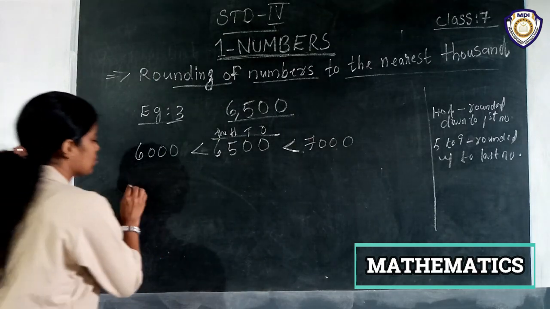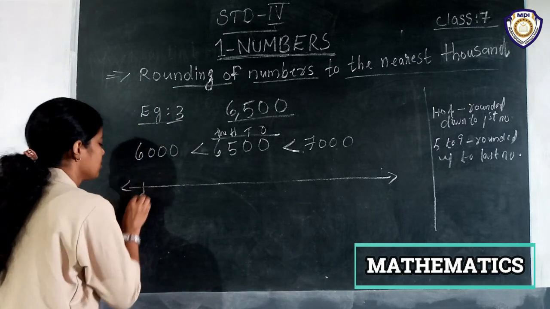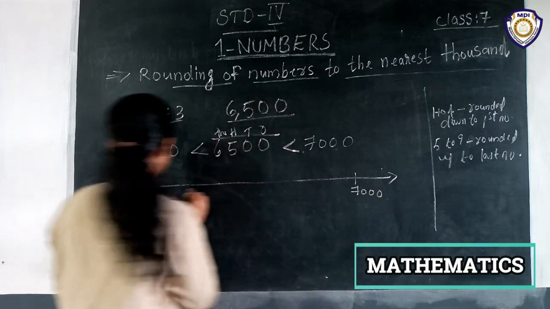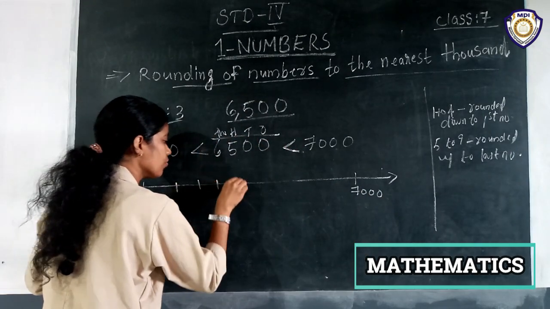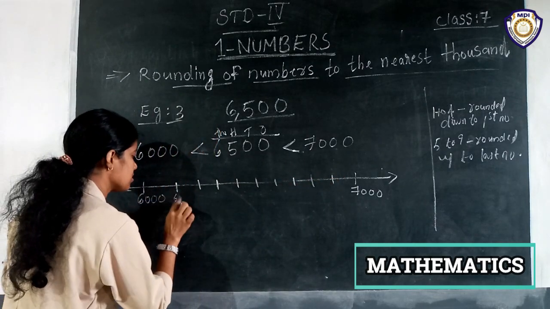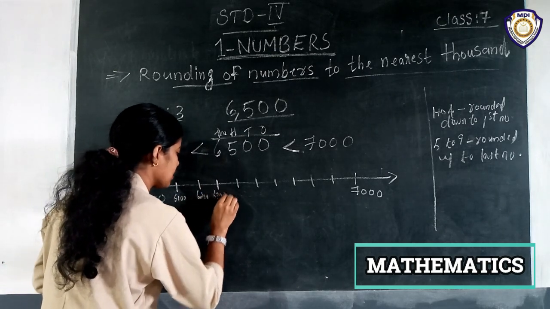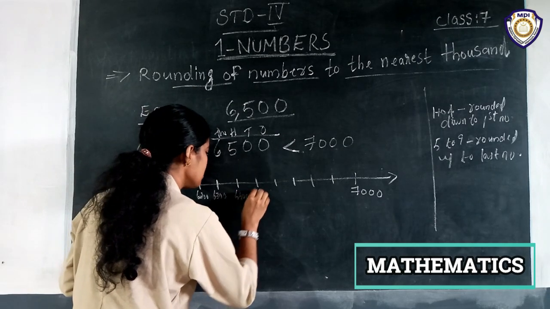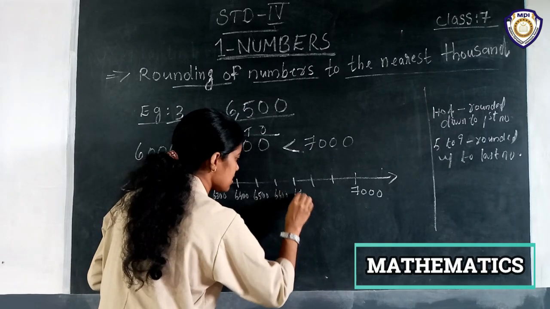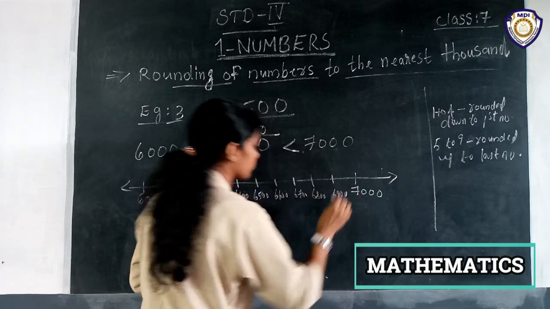Then we draw the number line, 6,000 to 7,000: 6,100, 6,200, 6,300, 6,400, 6,500, 6,600, 6,700, 6,800, 6,900.